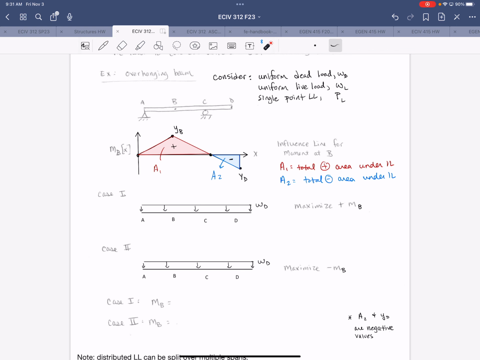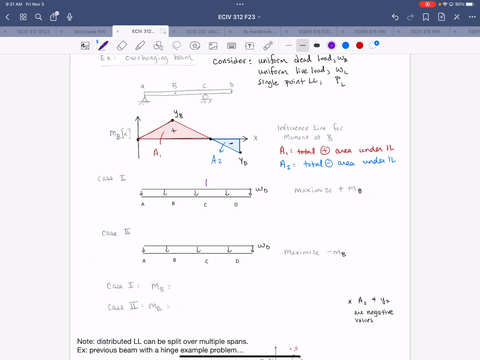So if we want to maximize the positive moment at B, and here we have the moment at B influence line, we would just want to place that live load over all of the spans that have a positive area under the influence line. So in this case, it's just one span. All right, so that's where we would place our WL.